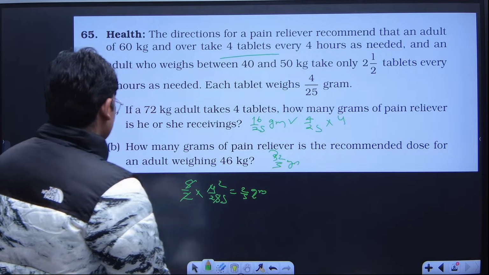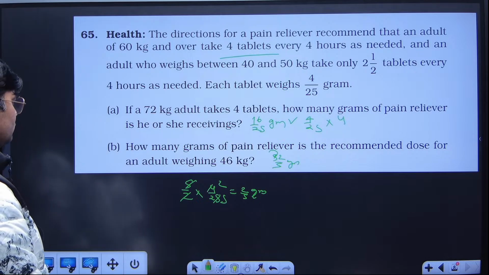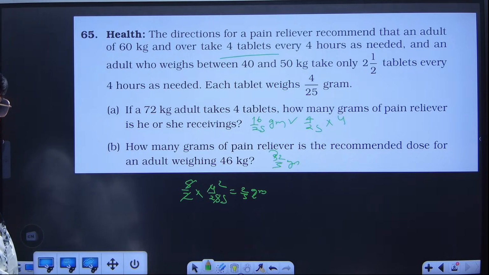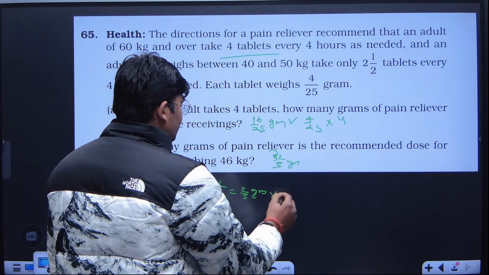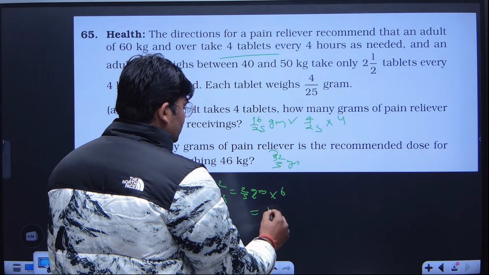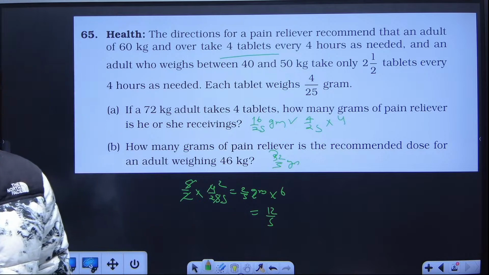But then 4 tablets every 4 hours, they're asking for a dose, right? I thought one dose would technically be 4 tablets, but one day's dose would be 4 into 6 for 24 hours, so multiplied by 6. I was not really sure how many doses it was for.